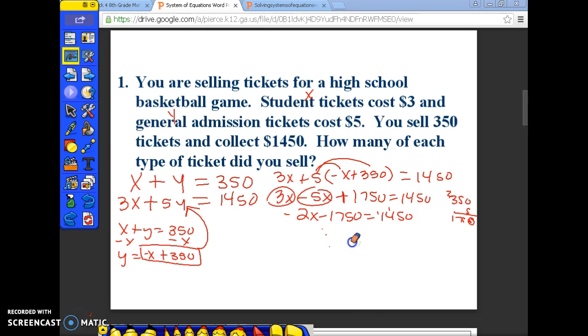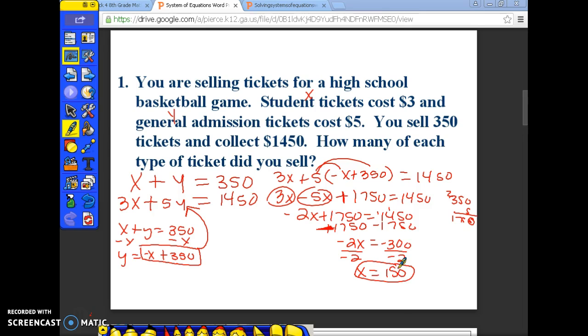Always make sure you pay attention to your signs so that you do not mess up. Subtract 1,750 from both sides: negative 2X equals negative 300. Divide by negative 2 on both sides, and X equals 150.